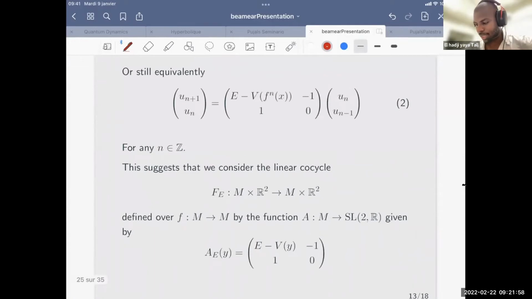And this suggests to consider this linear cocycle. Give me an energy E. I look at F_E from M times R^2. Why R^2? Because this is a 2 by 2 matrix.